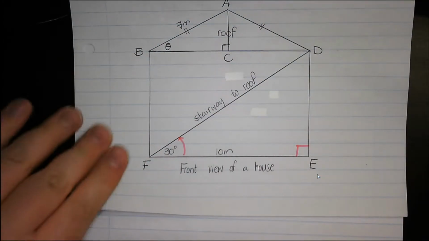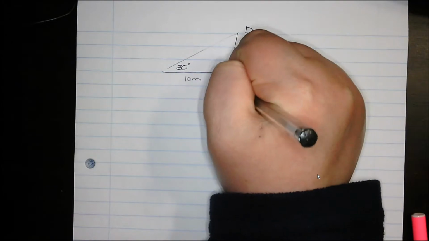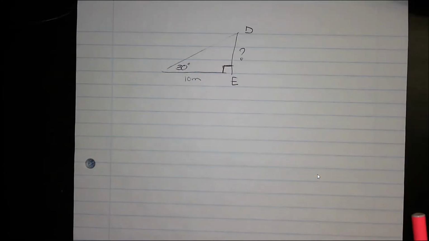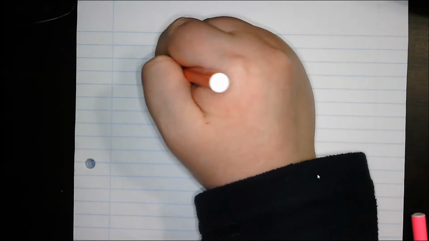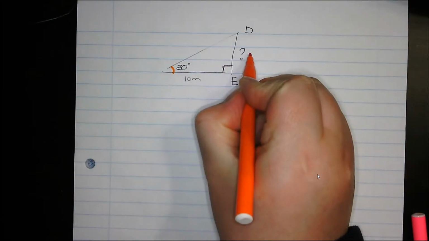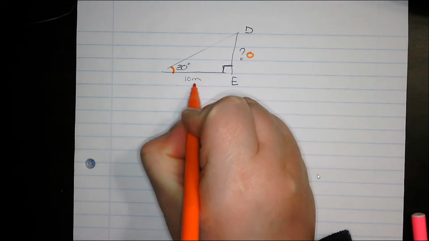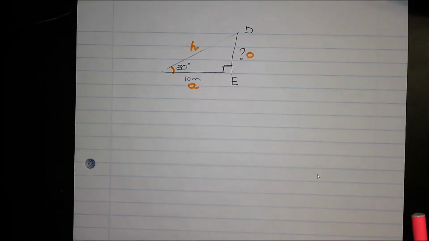So we're working with 30 degrees over here. We want DE. We want to know what that is. So we're working with this angle over here, and this will then be opposite. This will then be adjacent, and this will be the hypotenuse. So we have the adjacent, we want the opposite, so we're going to work with tan.